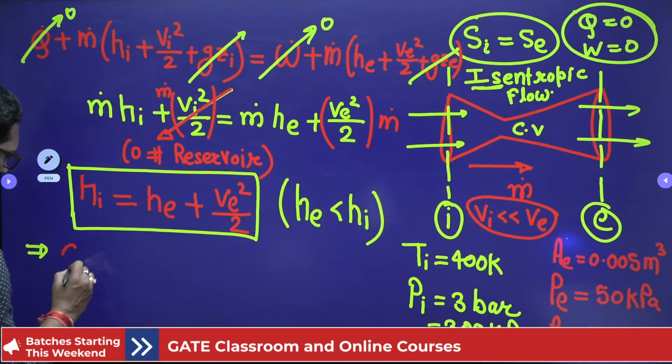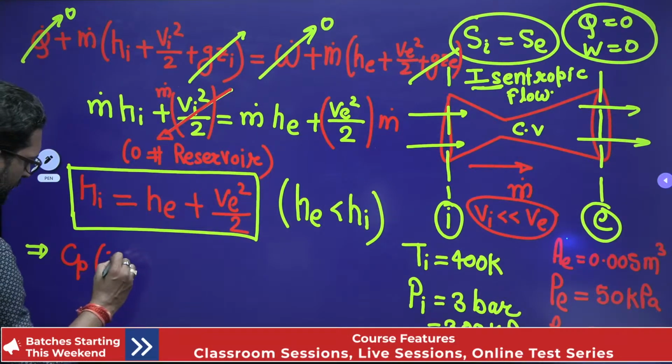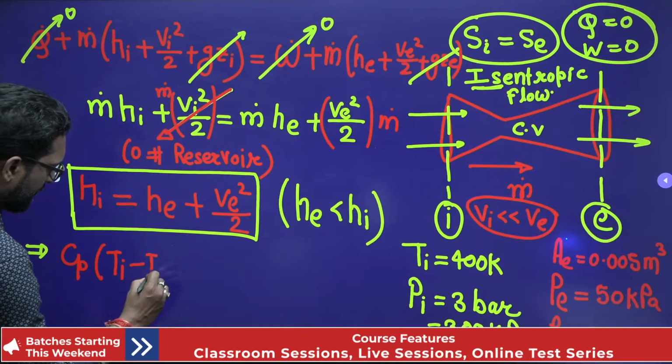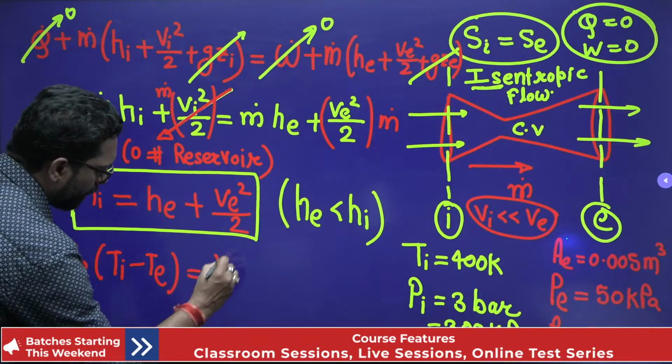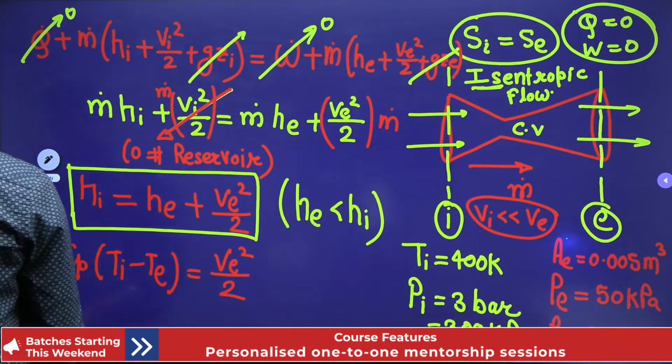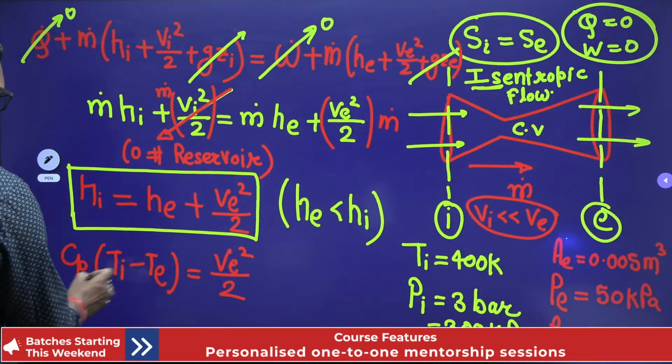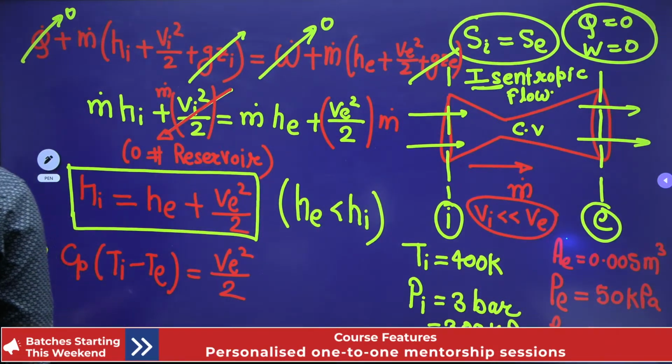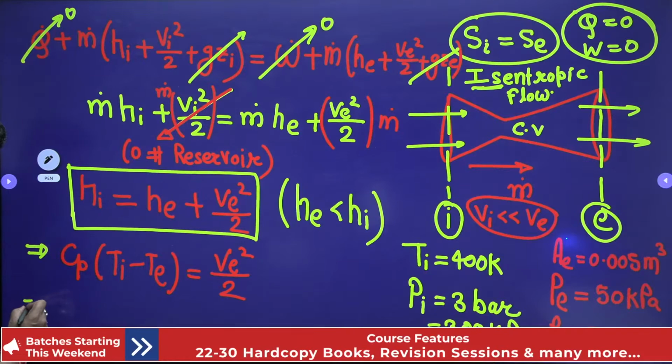So Cp (Ti minus T exit) is equal to V exit square by 2. Yes or not? Put these values. Cp is what? It is 1 cross 10 to the power 3. Why?